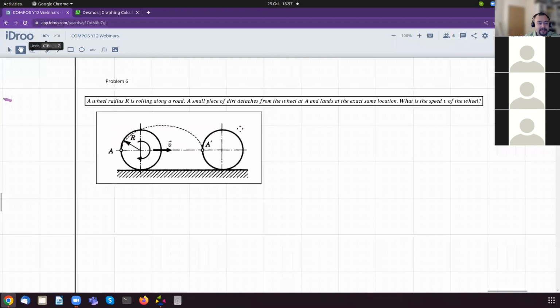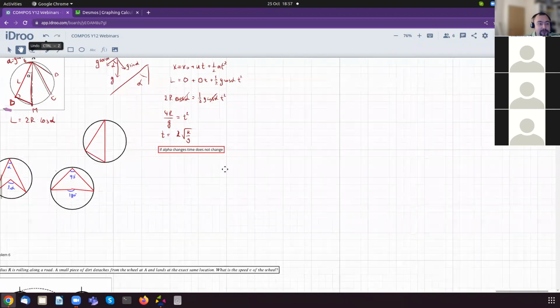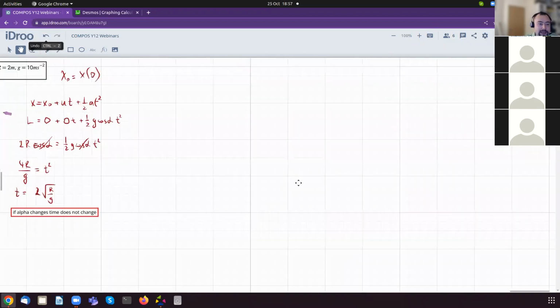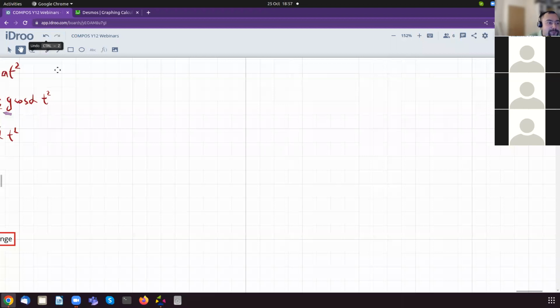Okay, problem 6. Oh, so I did promise to go through the rope problem. It's really quick. Look, you have a rope hanging, and you have T1 and T2.